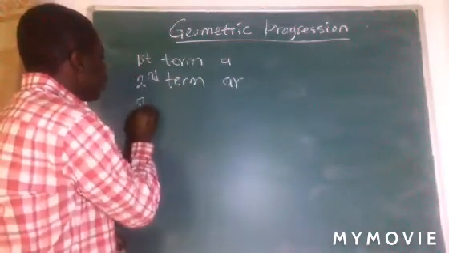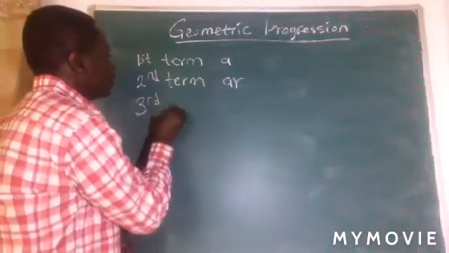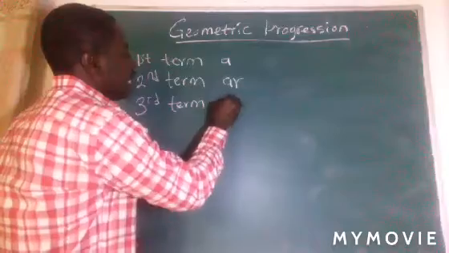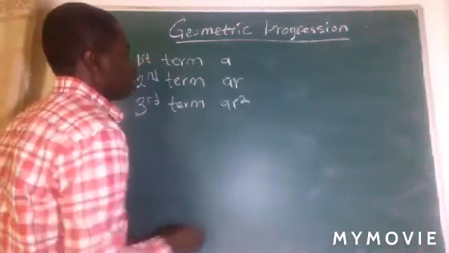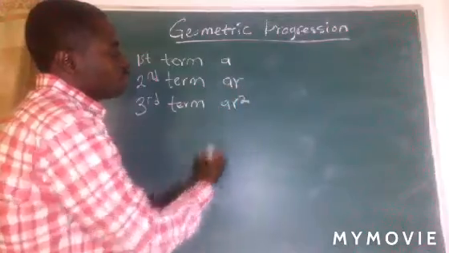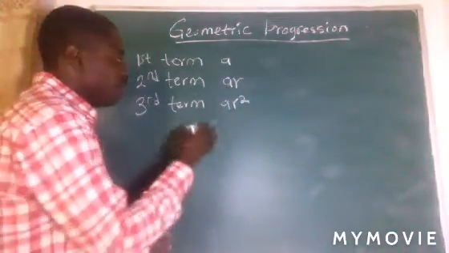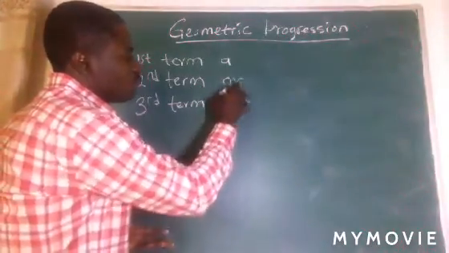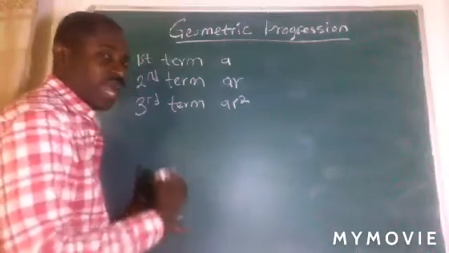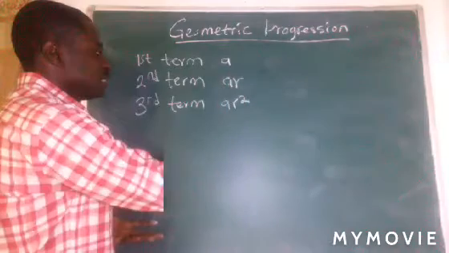The third term is given as ar squared. So the fourth will be ar cubed. The fifth will be ar raised to the power of 4. Just like that, you keep adding 1 to the power for the next term.